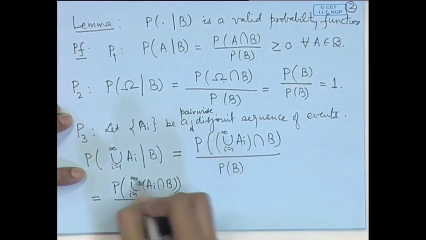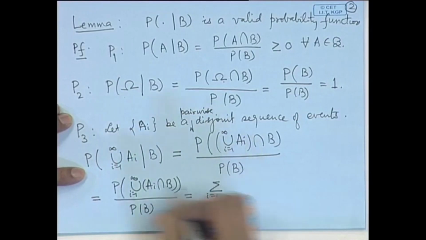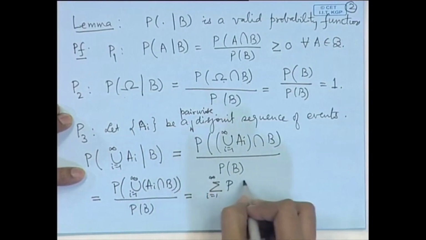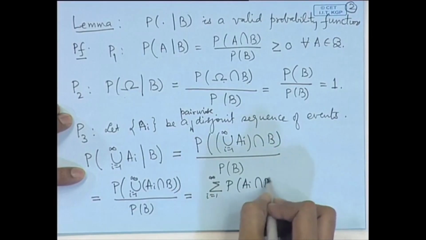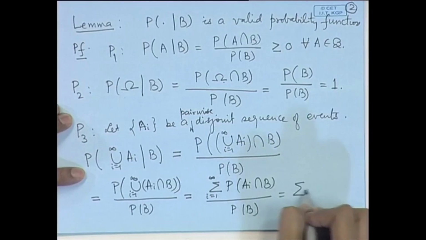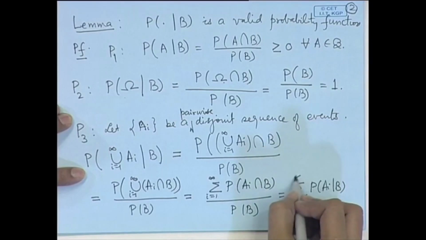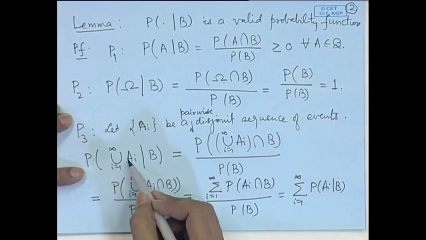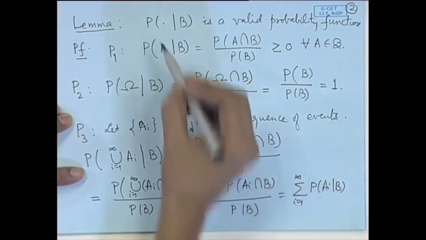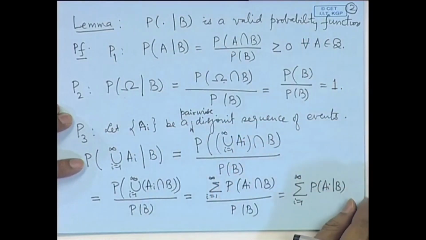Therefore, by the third axiom of probability, I will have the sum from i equal to 1 to infinity of P(A_i intersection B) divided by P(B), where each term then becomes P(A_i given B). So, you can note here that the probability of the union is equal to the sum of the probabilities, which is the countable additivity axiom. Therefore, the conditional probability function is a well defined probability function.